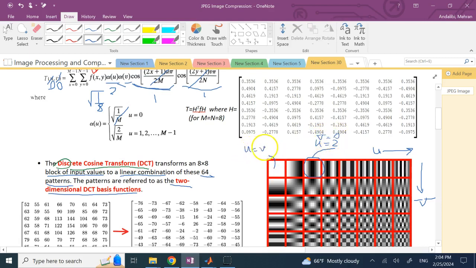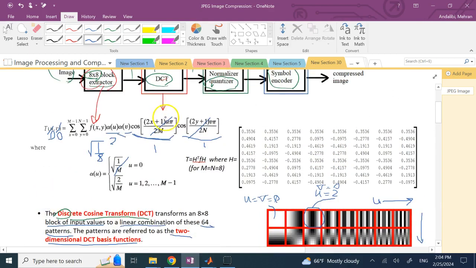So when that happens in the x direction, you do have a frequency. This u is 2, so now you have a frequency here, but v is still 0. So in the x direction, you have some oscillations, in the y direction not, and that's exactly what you see.